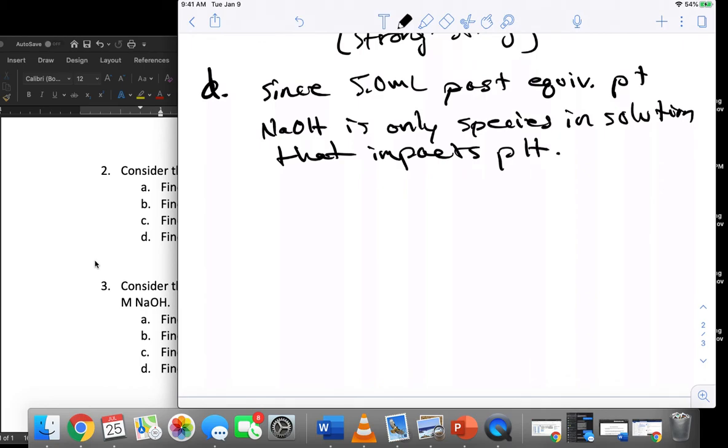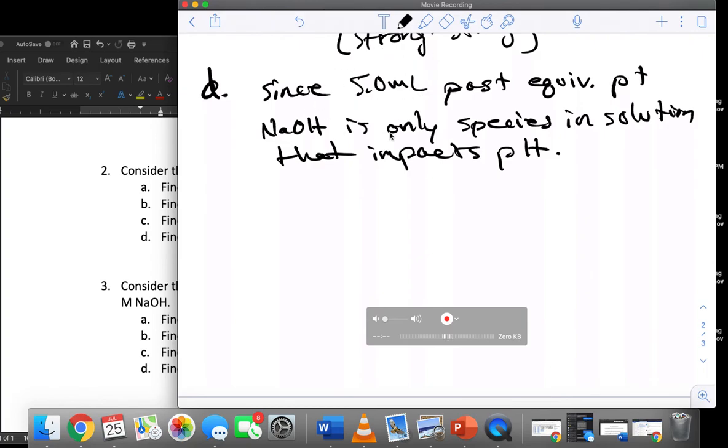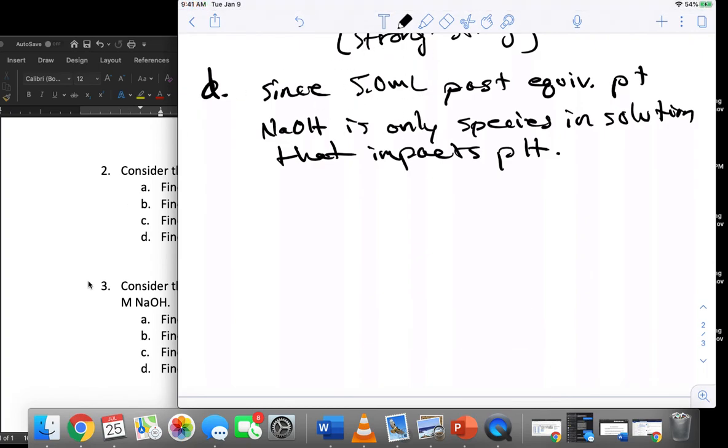As long as I know my moles of NaOH in 5 milliliters, which I can find using its concentration, I can divide by what my total volume would be at that point, which uses our answer to part A, to figure out my concentration and then eventually the pOH and the pH.